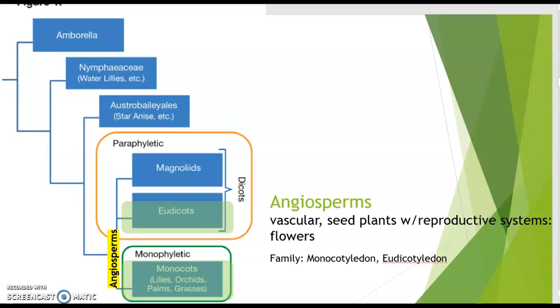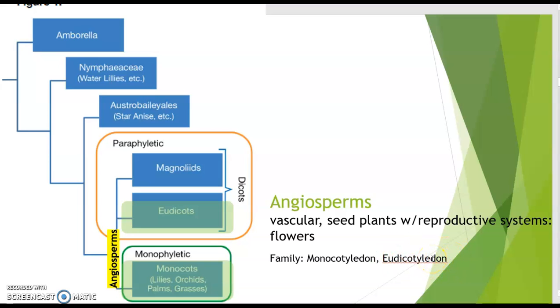When we do look at angiosperm and these flowering plants, they can be divided again. And the next order down is domain, kingdom, phylum, class, order, family. We're into family now. The two families that we're going to look at for this lab are monocotyledon family and the eudicotyledon family.